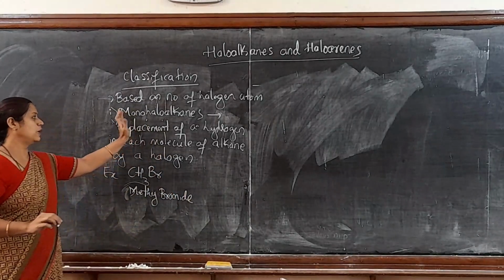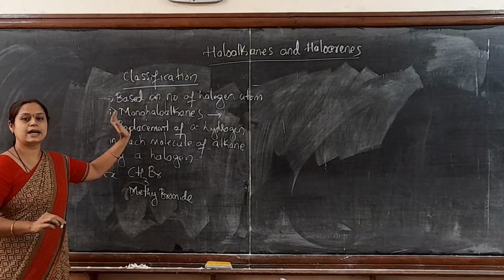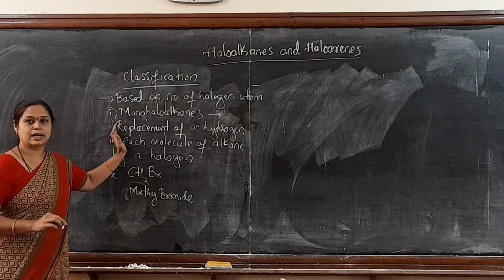So in monohaloalkanes, only a single halogen atom is attached to the alkyl group.